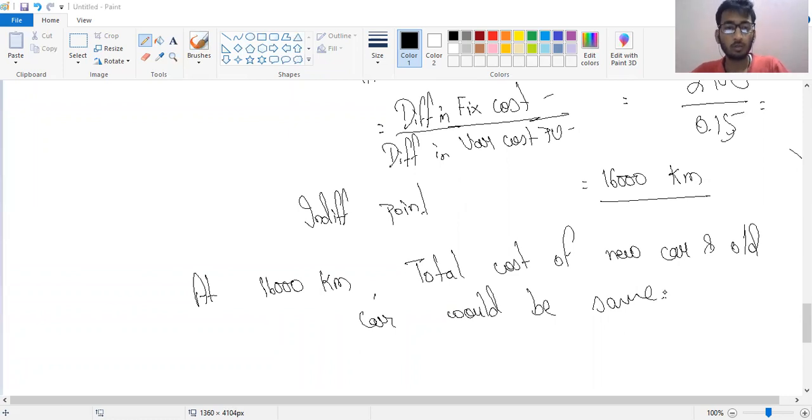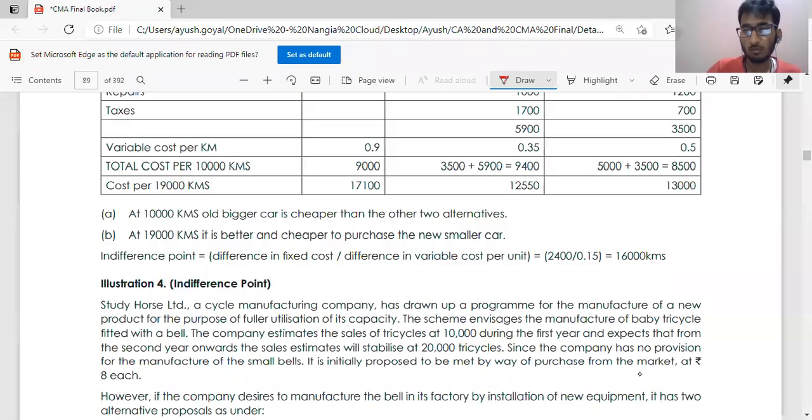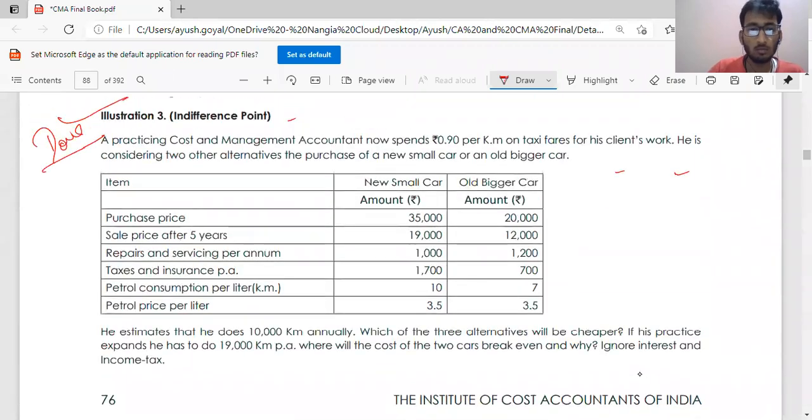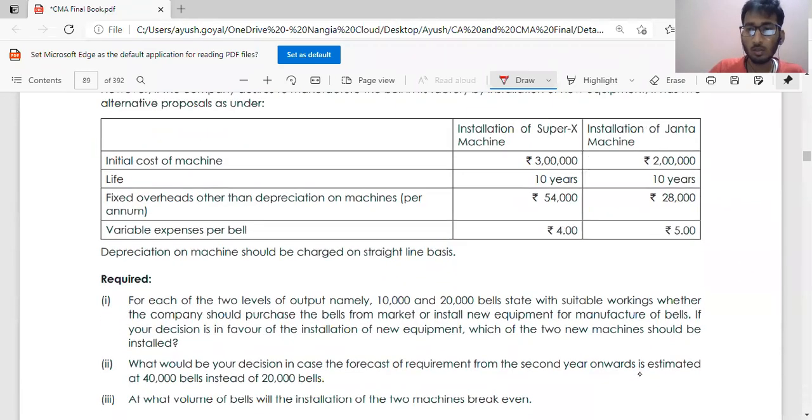I hope you got the point. With this, our question number 3 is also completed. Let's come to question number 4. It is indifference point, so this would be the same question.